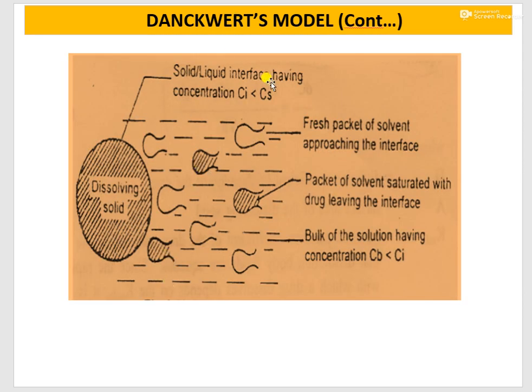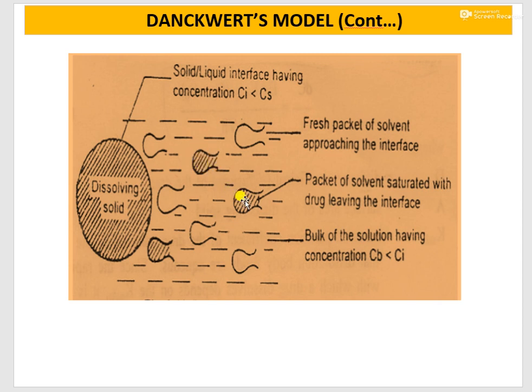Now we will understand this entire model by this diagram. You can see this is the dissolving solid. Now this is your fresh solvent, or fresh packet of solvent, which is approaching this interface. This is the interface: this is solid and this is liquid. It will take some solute, so it will become like this.